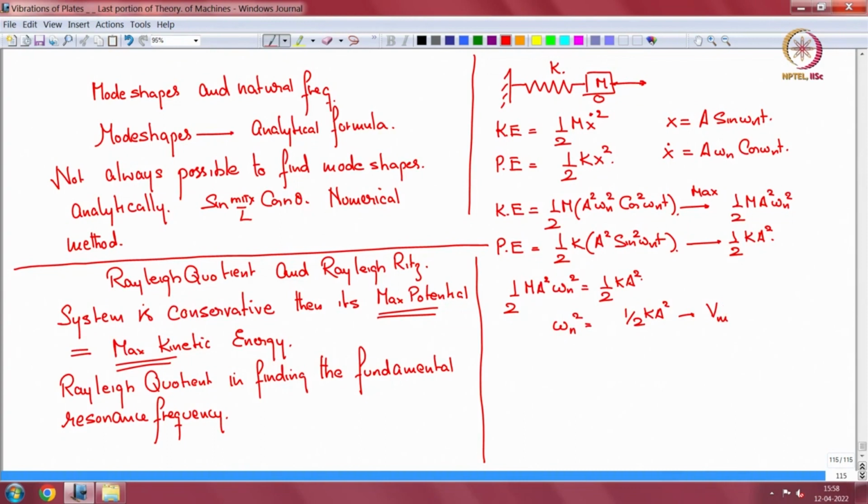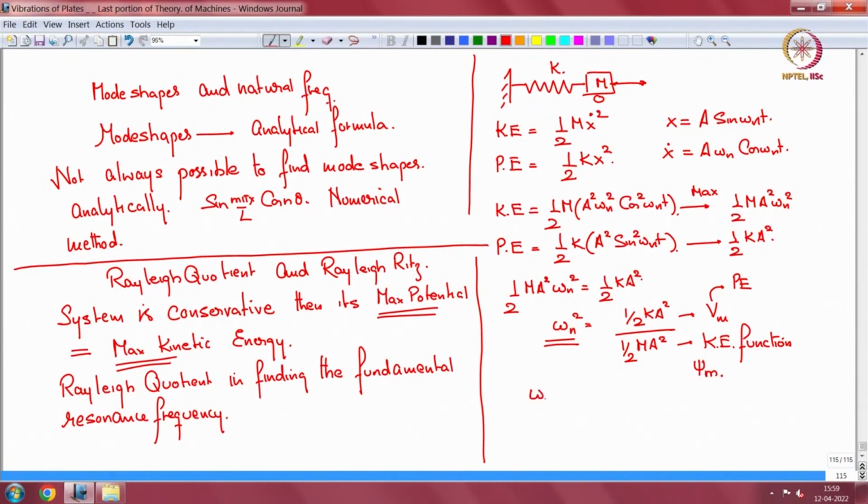1/2 m a square omega n square is equal to 1/2 k a square, or rather omega n square is equal to the maximum potential energy, 1/2 k a square, which we denote by Vm, divided by 1/2 m a square. This is the kinetic energy function; it is not the full kinetic energy because omega n square is left out, and we will call it psi m.